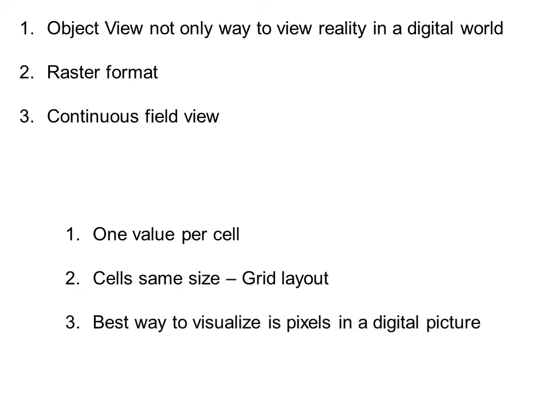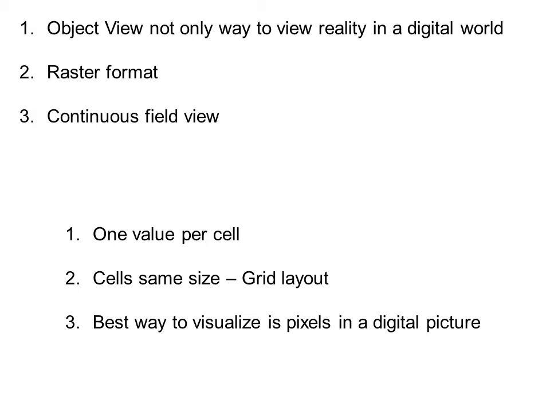Oftentimes the easiest way to visualize this is to think of the pixels in a digital picture, because a digital picture is a raster format, and so that's basically how rasters work. In the example of a picture, we don't have, for example, what each cell is. We simply have a color value associated with each cell.